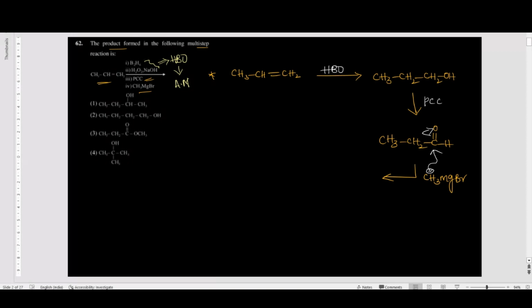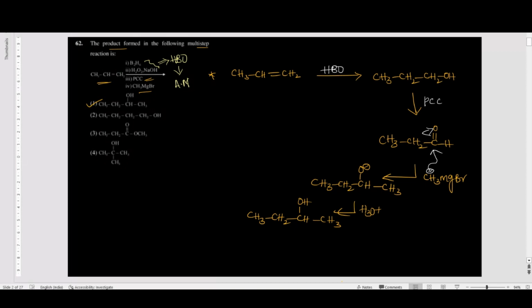Then we will get CH3 CH2 CH O negative H, and here it is CH3. Here they should mention hydrolysis also. If you do hydrolysis further, then we'll get this secondary alcohol. But they have given options directly, so you can easily get the answer, right? So option 1 is the correct answer.